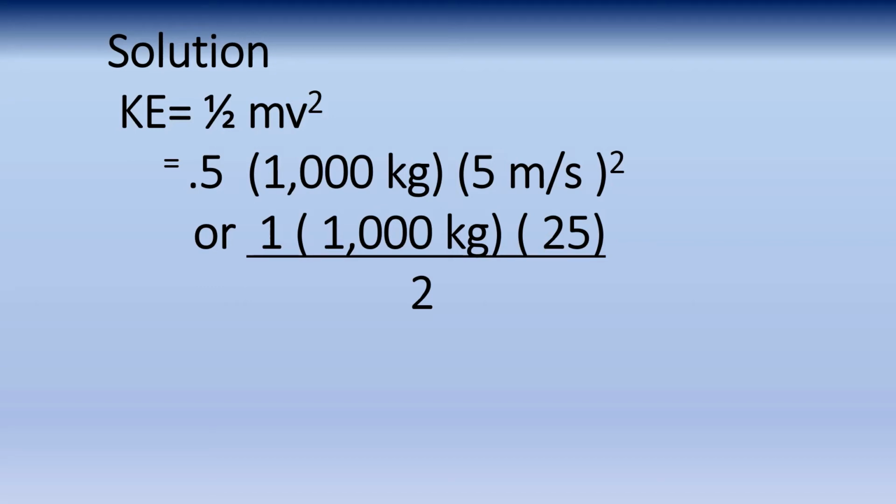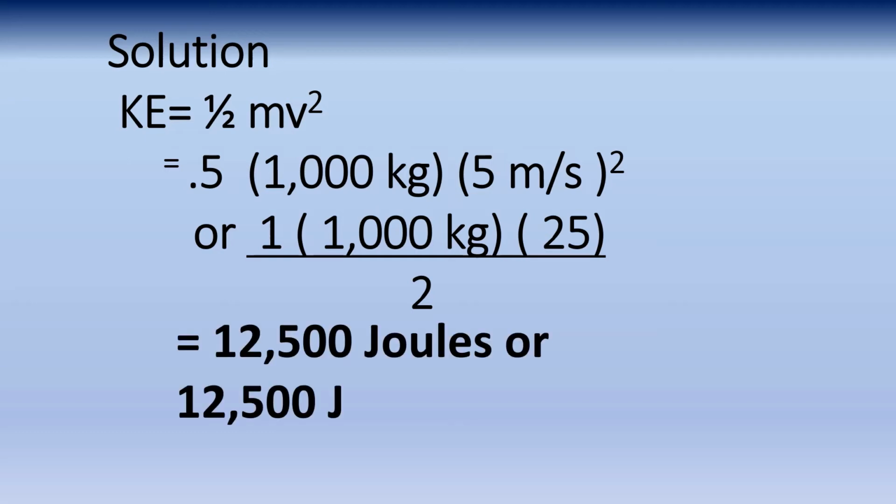Substitute the value of mass: 0.5 times 1,000 kilogram times the velocity 5 meter per second, squared. So all you have to do is multiply 5 times 5 times 1,000 times 0.5. The answer is 12,500 joules, or 12,500 J.